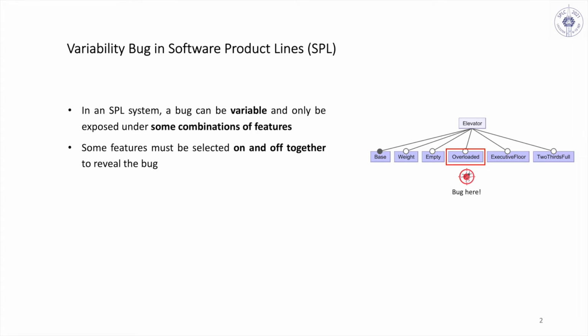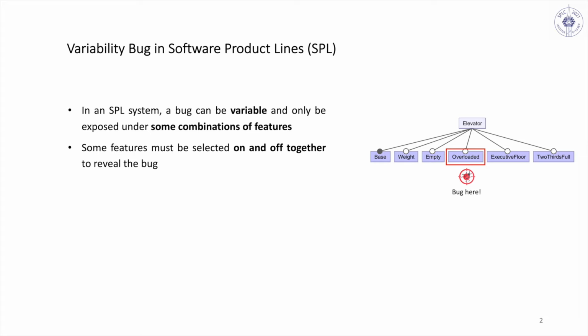In the beginning, I will revise some basic notions in software product lines. A software product line, or SPL for short, is a highly configurable system that enables developers to tailor a family of products from reusable software assets.